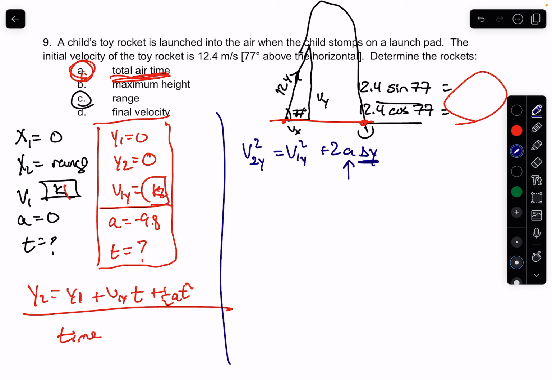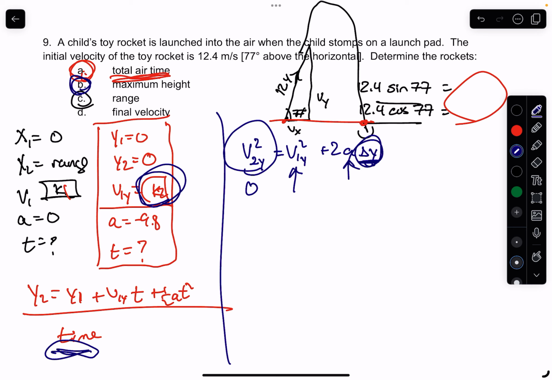The acceleration is 9.8. The v1y, we know that from here, the k2 I'm calling it. v2 at the top of the arc, what is its speed? It's 0, right? Because it will stop for a moment in time. And then you can solve for the max height.